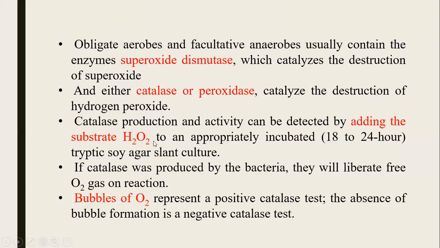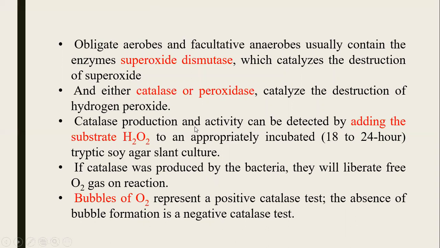This hydrogen peroxide with the catalase enzyme causes bubbles. If catalase was produced by the bacteria, they will liberate free oxygen gas in the reaction. So the bubbles of oxygen represent positive catalase and the absence of bubble formation indicates negative catalase.